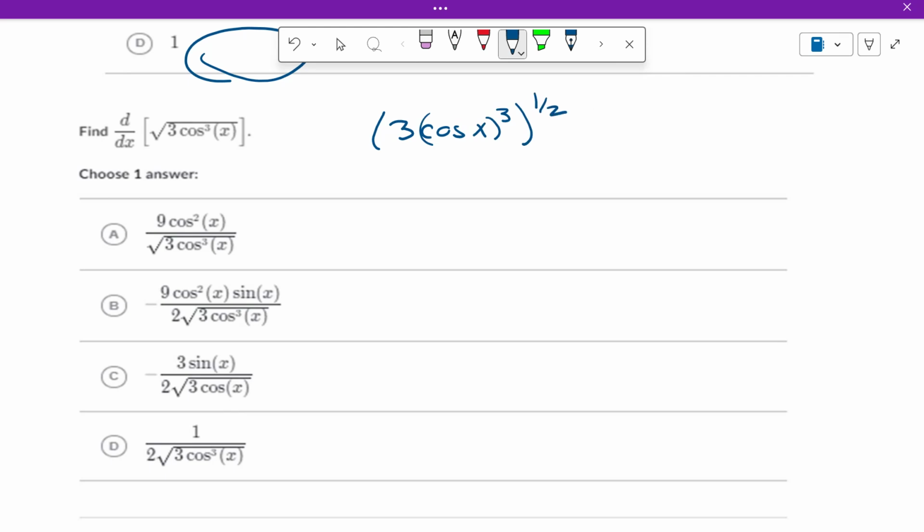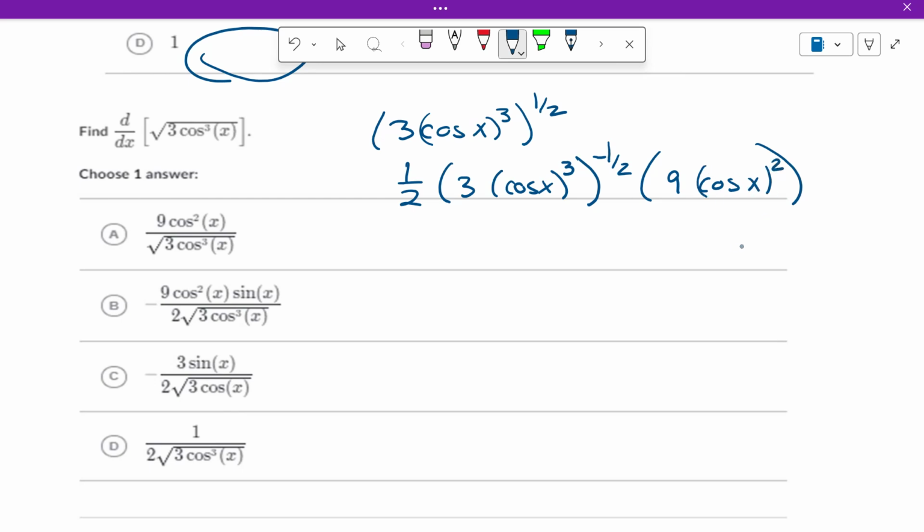So it's 1/2 times 3 cosine of x cubed to the negative 1/2 times the first derivative of the inside. The inside of that is this part here, so it's 9 cosine of x squared times the first derivative of the inside of that, which is negative sine of x.